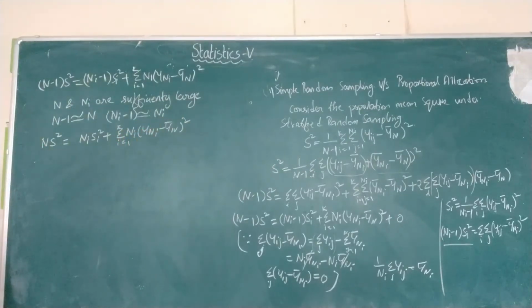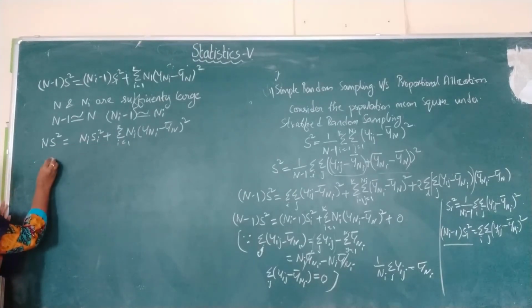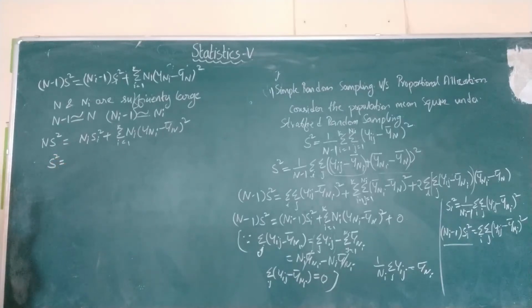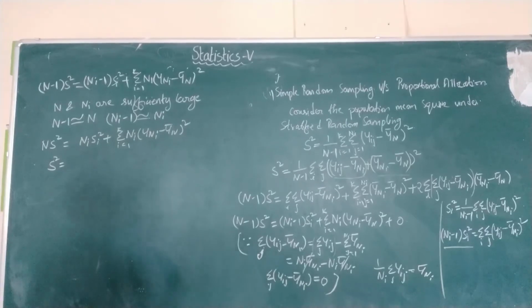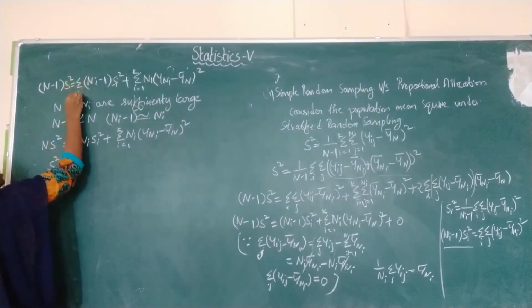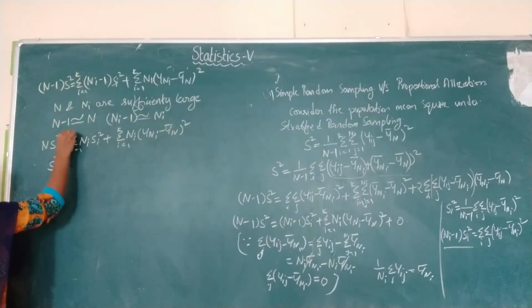So up to this we have done this one. Sorry, here I forgot to write the summation. Summation over i equals 1 to k. So here also summation over i equals 1 to k.